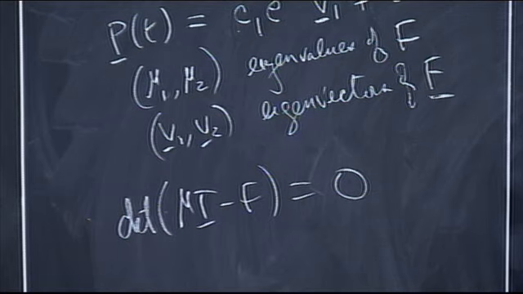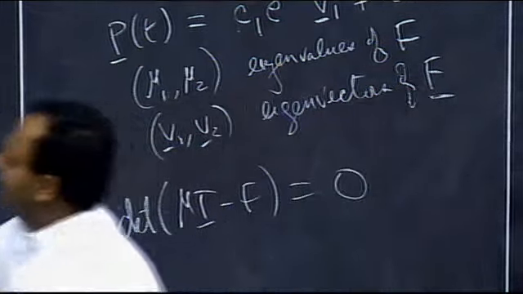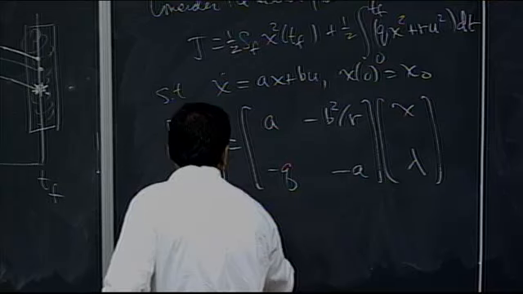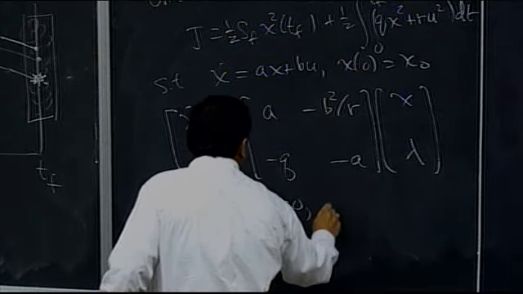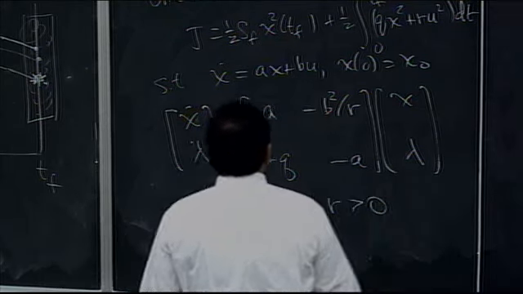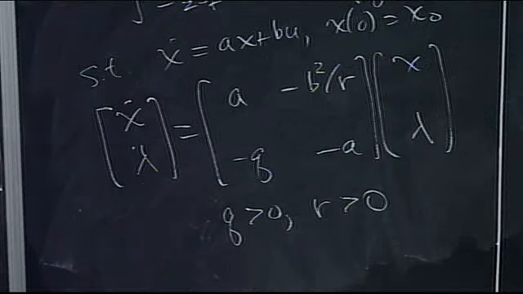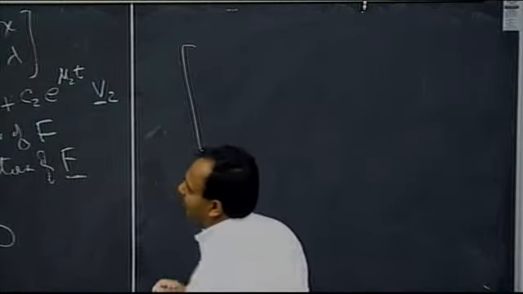By the way, this works out really nicely. I should actually put another stipulation up here just to make it clear that q is greater than 0, and r is also greater than 0. It'll just make life a lot easier if I do that. So if I take the determinant of mu I minus F, what is mu I minus F?